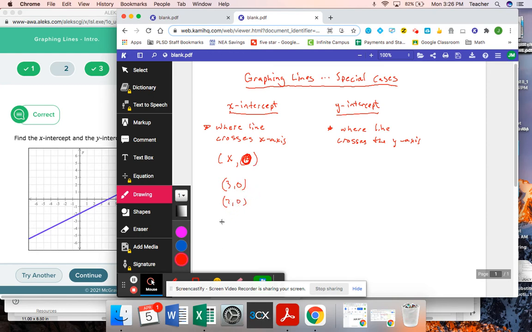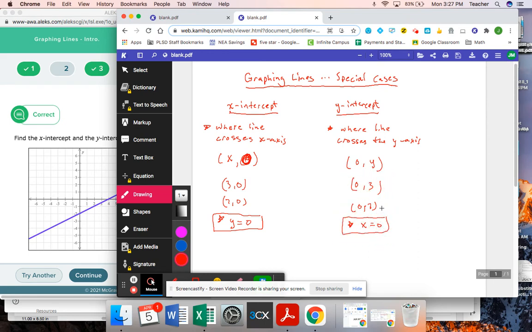The y value is always 0 if you're talking about the x-intercept. And similarly, on the y-intercept, the same idea. You'll have (0, y), like (0, 3), (0, 7). Those are all y-intercepts. In that case, you see that the x is always 0.